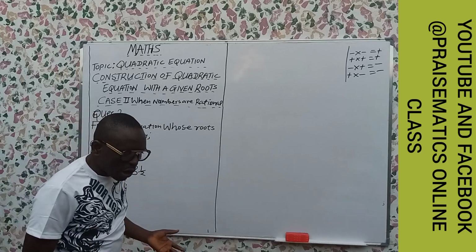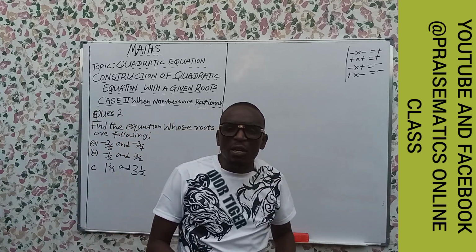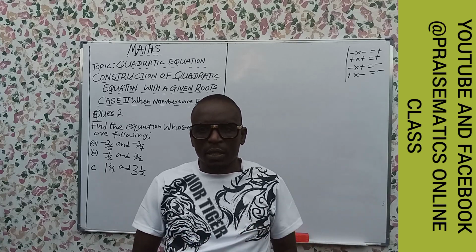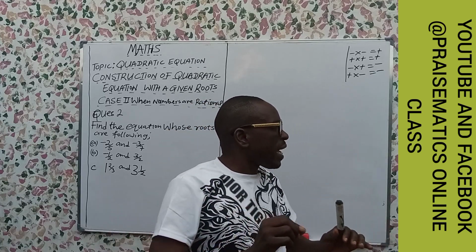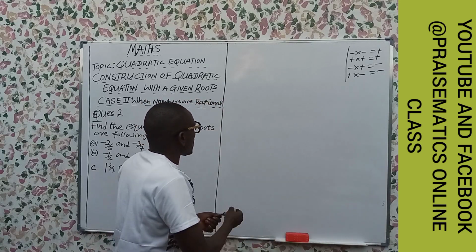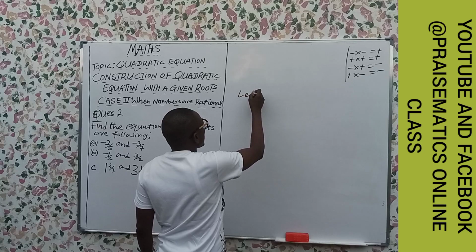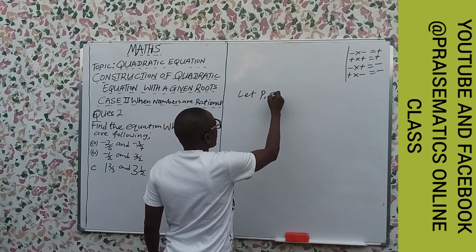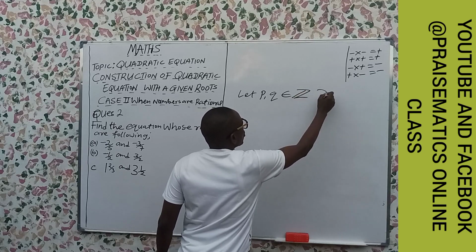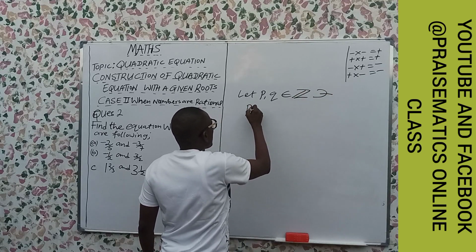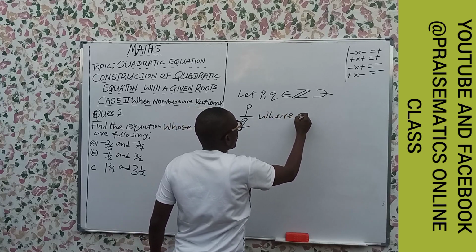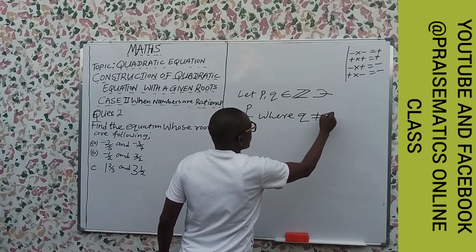And what is a rational number? Rational numbers are those numbers that can be expressed as a quotient of two integers. They can be expressed as a fraction of two integers. Mathematically, let p, q be elements of the integers such that p over q, where q is not equal to 0.